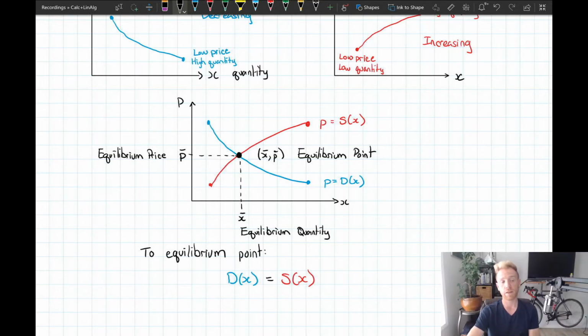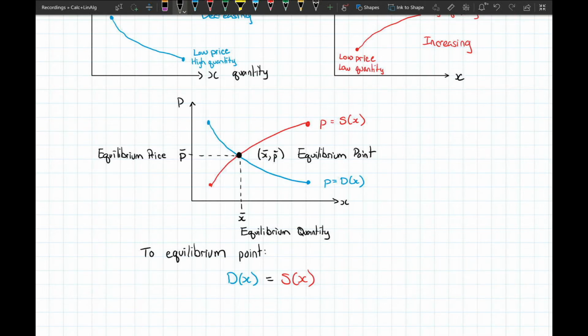Now, there's one other thing that I might mention just right now while we're looking at supply and demand, even though it may not be a topic that we're going to be looking at specifically as much. It's what happens if the price or quantity is a little bit too high or too low. Just take a look at that quickly by looking at this graph.